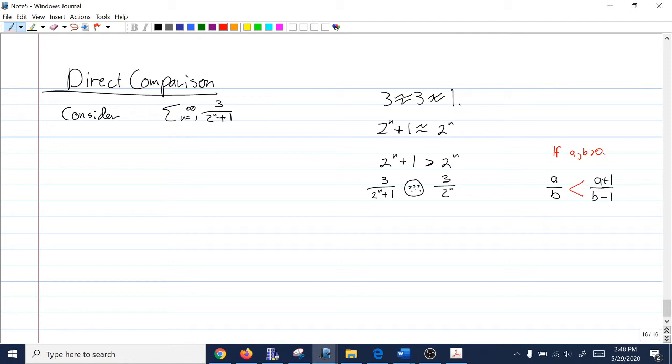Making the top bigger makes the fraction bigger. Making the bottom smaller makes the fraction bigger. This is a thing that you can keep in your head. In the course of writing these things out, that's not a step that you need to verify. You're allowed to just look at this and say, hey, smaller bottom is a bigger fraction. This is clear to see if you understand this heuristic.